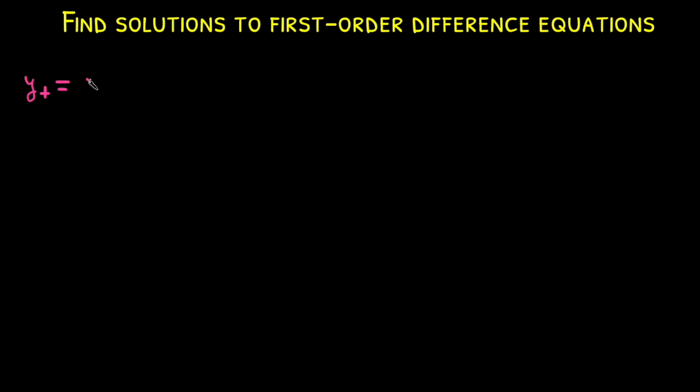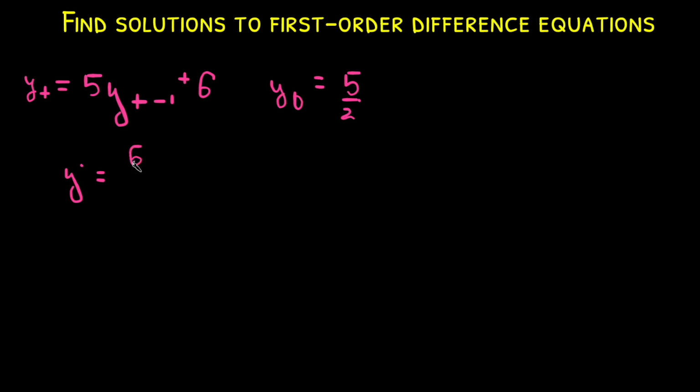Now let's consider a different example in which yt equals 5 times yt minus 1 plus 6. So a equals 5 and b equals 6. We also know that y0 equals 5 divided by 2. Now we can find y star, which equals b divided by 1 minus a, which is 6 divided by 1 minus 5, which equals negative 6 divided by 4, which equals minus 3 divided by 2.